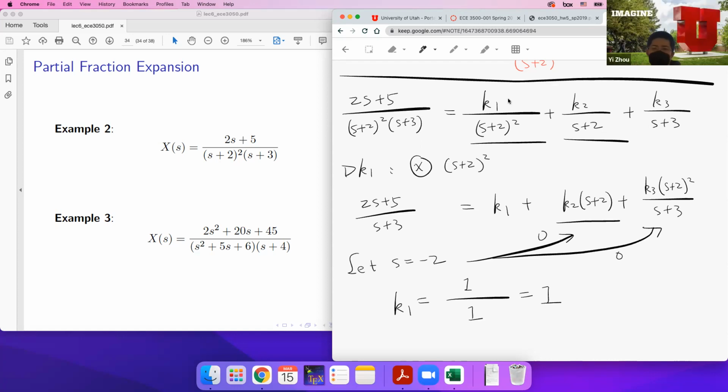Let me think about this. Yeah, I think we can figure out k1, and k3 is okay. Once you multiply both sides by s+3, you can see these two go away, so you can figure out k3. But k2 is something special because it is the first order of s+2. Of course, once you figure out k1 and k3, you can go back and solve for k2, but here I'm looking for a standard process.